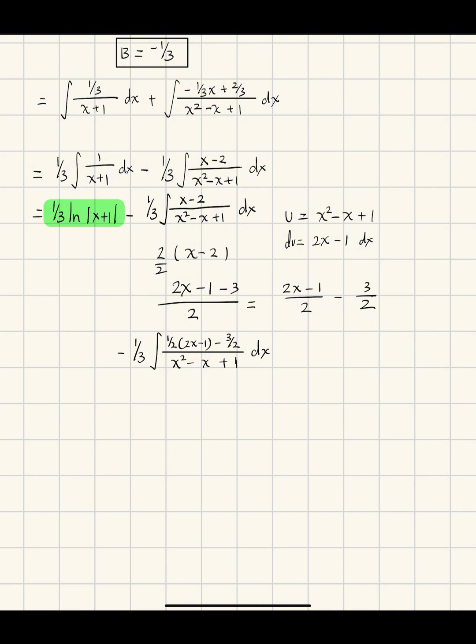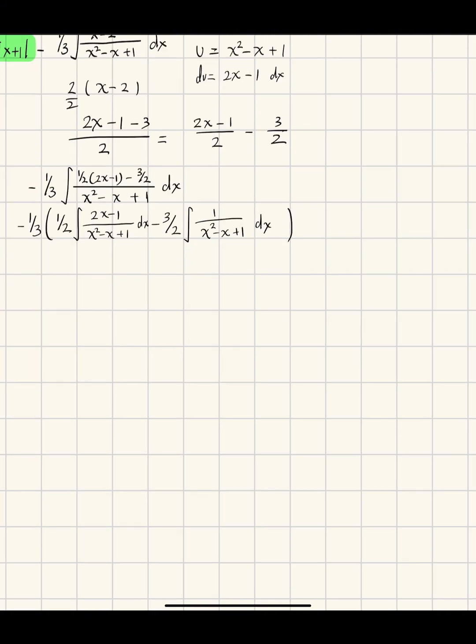And now we can rewrite this as negative 1 over 3, in the parenthesis, I took out the 1/2 from the numerator, the integral of 2x minus 1 over x squared minus x plus 1, minus, actually, 3 over 2 of the integral of 1 over x squared minus x plus 1 dx.